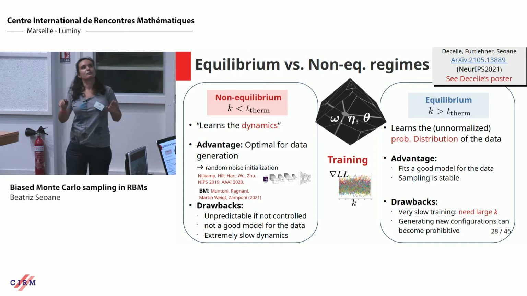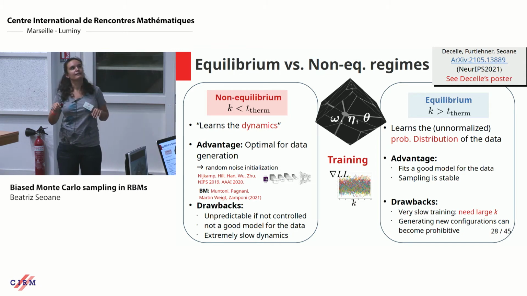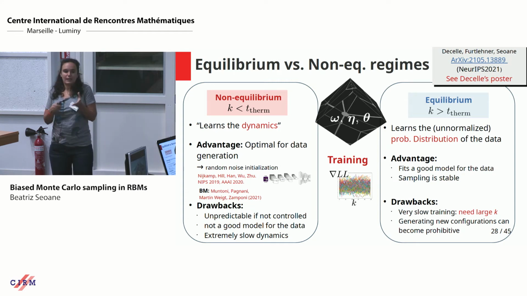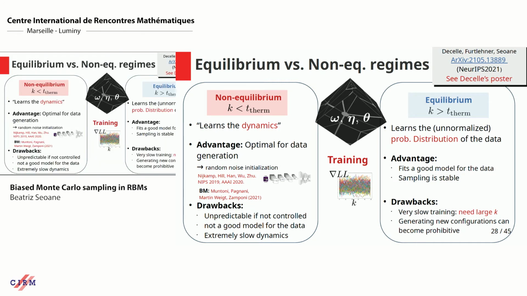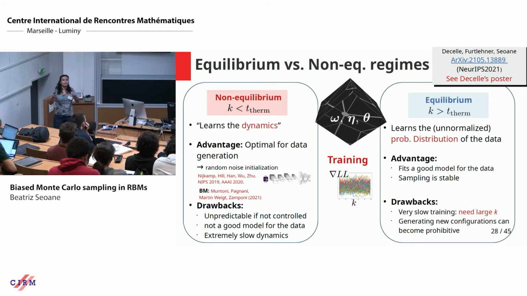So, as I said, we have these two regimes. The non-equilibrium one, where we learn the dynamics, we think is actually a very good regime to generate data. If our goal is not to learn the model but to generate good data, this is the best way to do it, because you don't need that long trainings, and you can get data which is very precise.